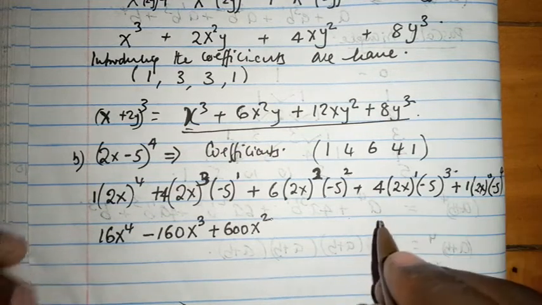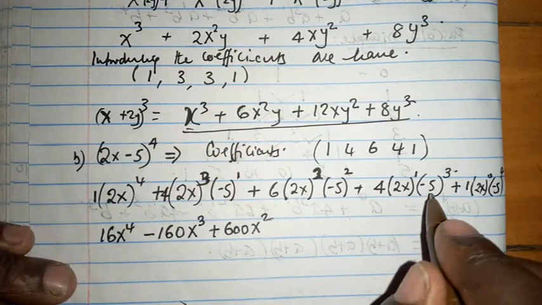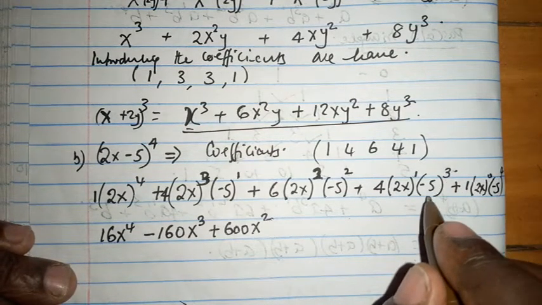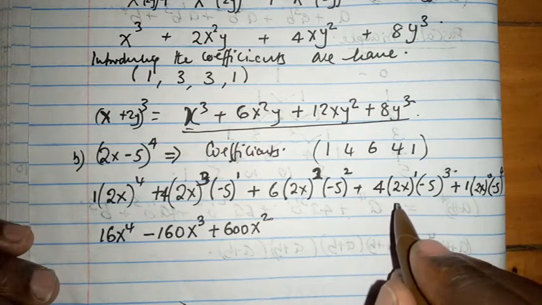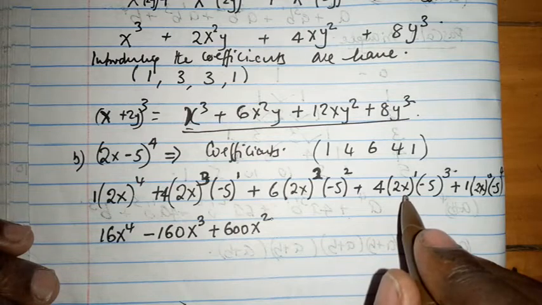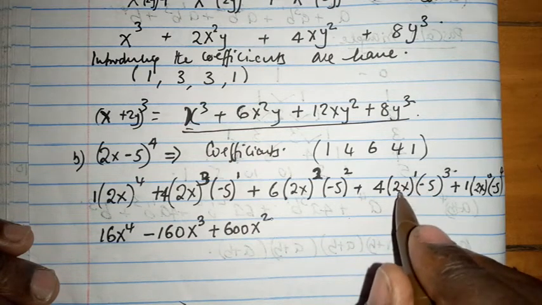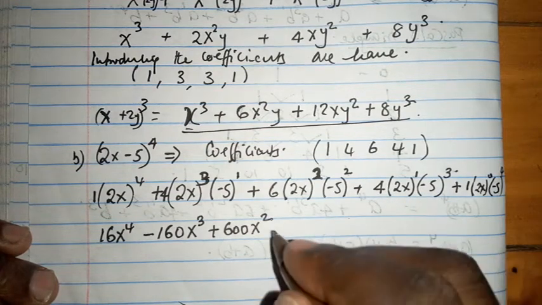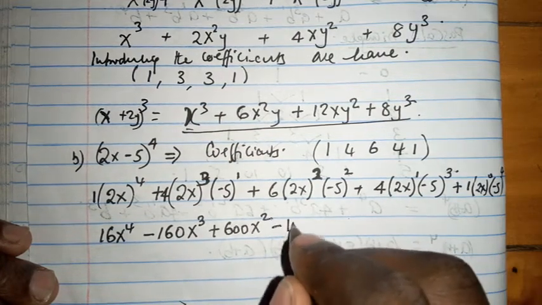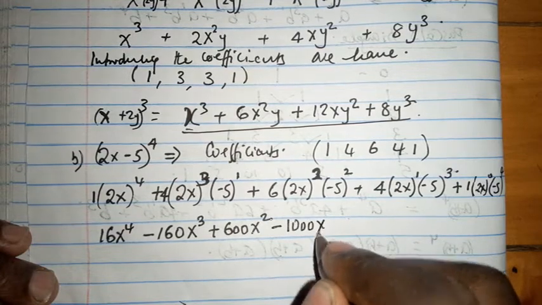100 times 6, we get 600x squared. We get now to the fourth term. Minus 5 cubed is negative 125. Negative 125 times 2 is negative 250. Negative 250 times 4 is negative 1000. So we have minus 1000x.